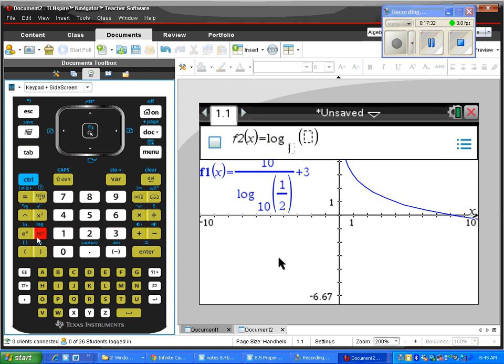I can go to log base 1/2 of x plus 3. Now, if I did the original problem right, should I see a different graph, or should I see the exact same graph?